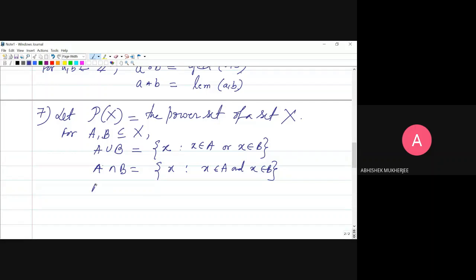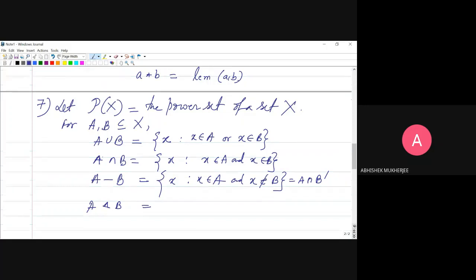Similarly, A difference B contains those elements of the set A which are not in B, right? And using complement, you can actually have this one. The fourth one can be written as A delta B, that is the symmetric difference.